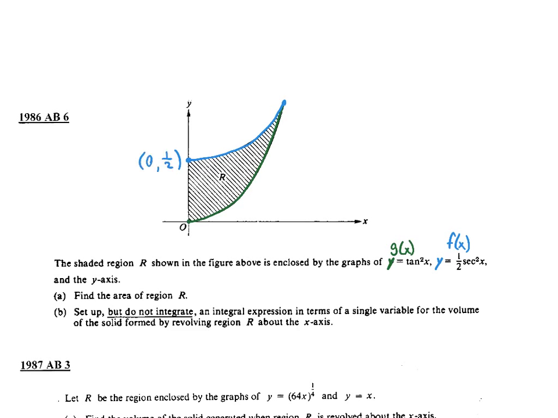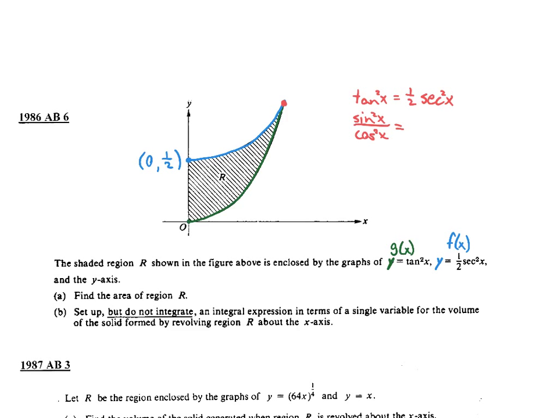Now we also need to figure out the intersection point here, so I'm going to set up an equation. Tan squared is 1/2 secant squared. There are a bunch of different ways you could solve this. What I would do personally is make it all in terms of sines and cosines. You could also make the secant squared into 1 plus tangent squared if you want.